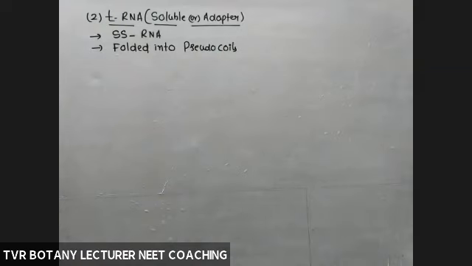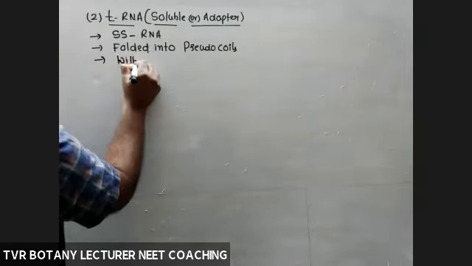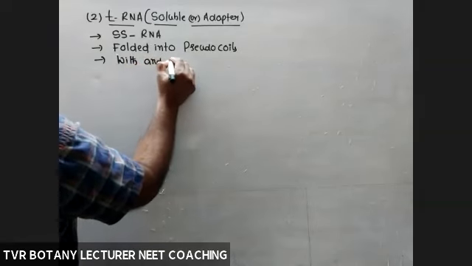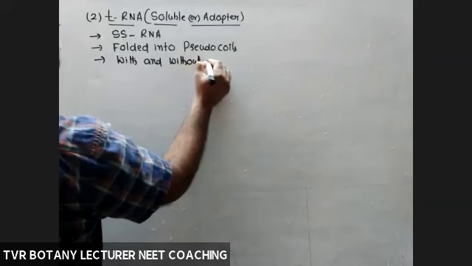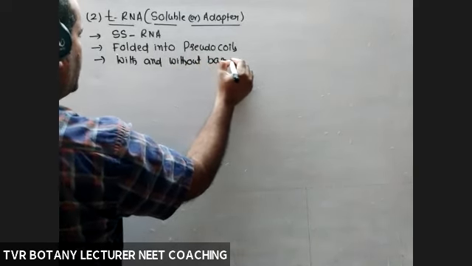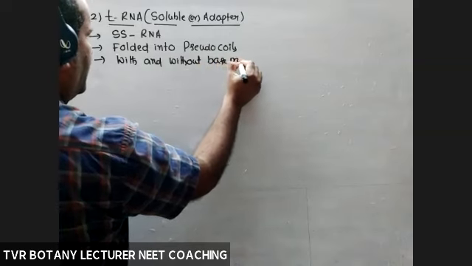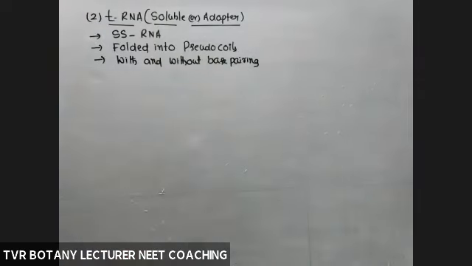A true coil means with the help of two strands. Both with and without base pairing are present. At certain areas, nucleotides are in paired condition; in the rest of the areas, unpaired condition.